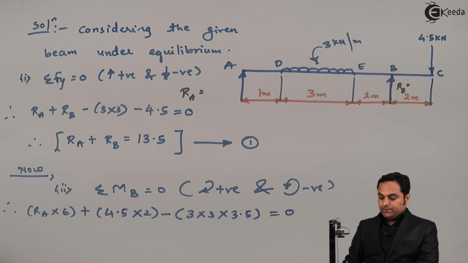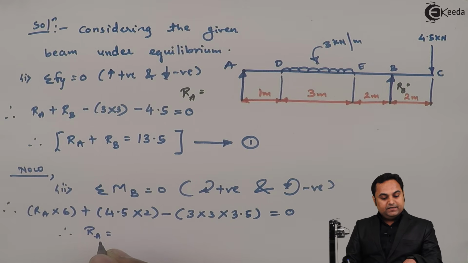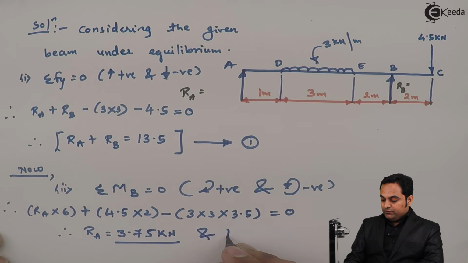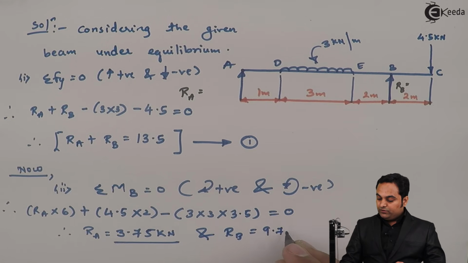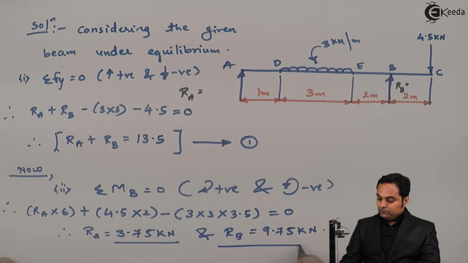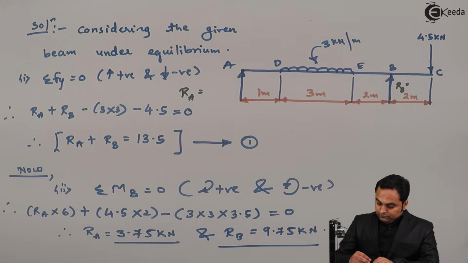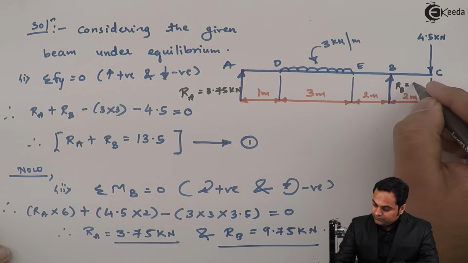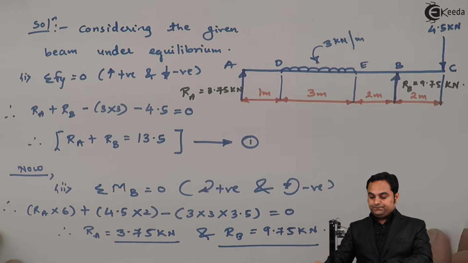So that is equal to 0, and if I go on calculating this, I'll get RA value as 3.75 kilonewton, and putting this RA value in equation 1 I'll get RB as 9.75 kilonewton. So here we have found out both RA, 3.75 kilonewton, and RB, 9.75 kilonewton.